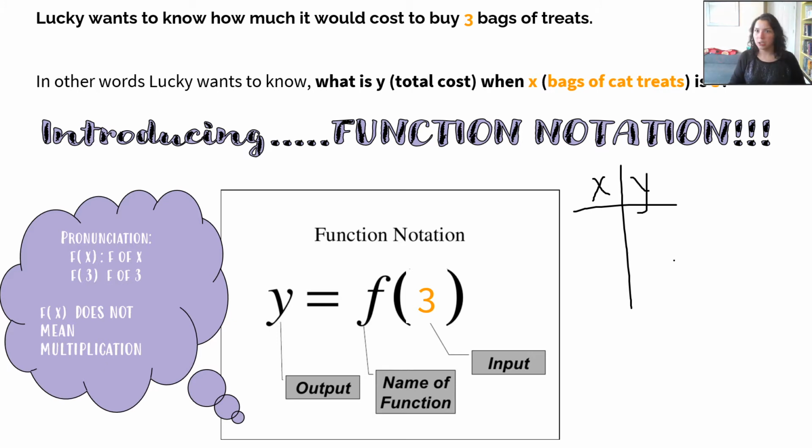Or you could write, and you guys saw this on some of the tables that I gave you yesterday, an x here, and then this weird notation, f of x. Every time I see those parentheses, I want to think of, okay?